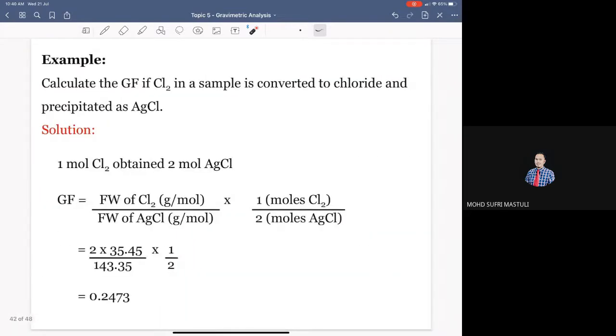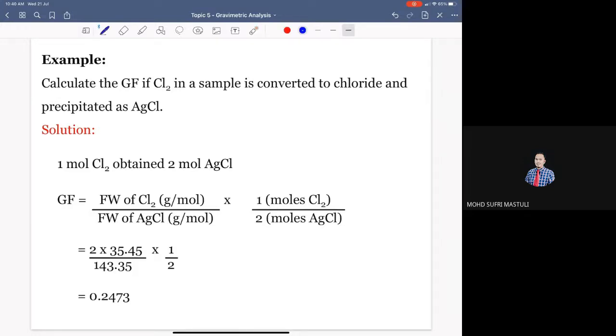Okay, see this example. Calculate the gravimetric factor of Cl2 in a sample that is converted to chloride, where the precipitate is silver chloride.